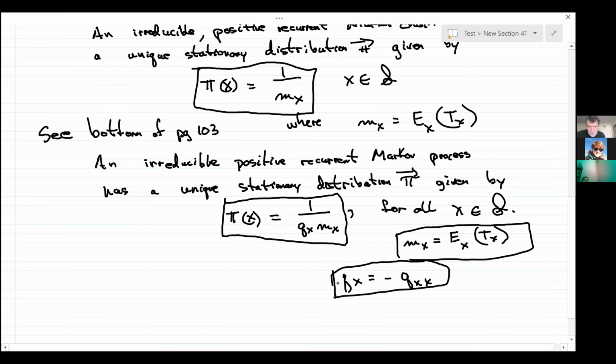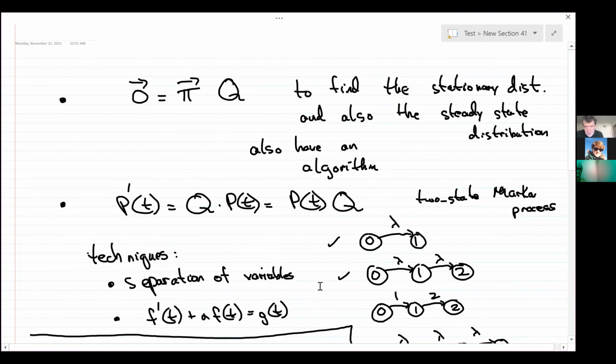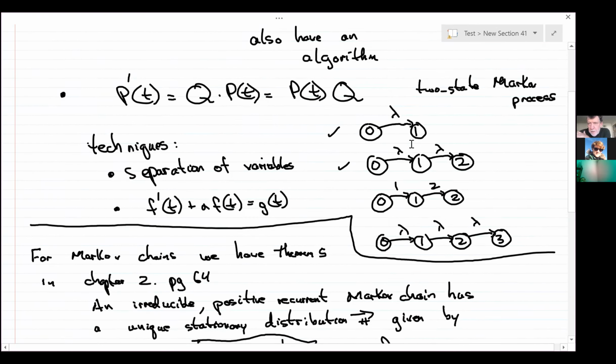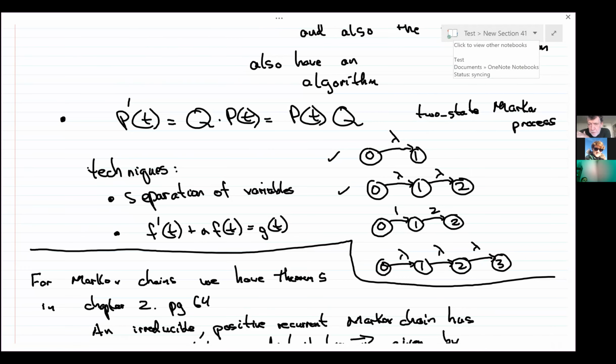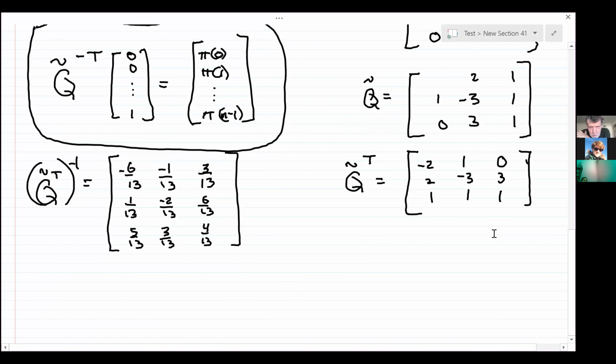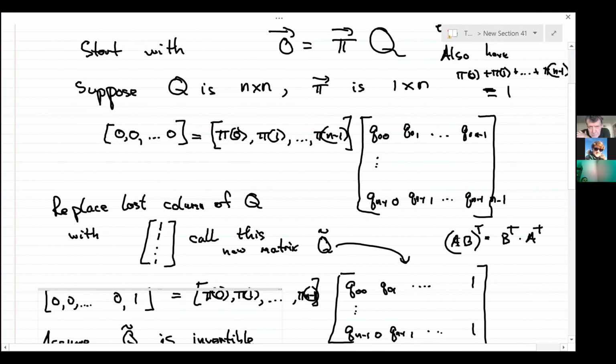Let's do an example of this one, since this is new. Let me see if I can just go back a little bit and pick out a nice example that we've worked before. So this was our algorithm.